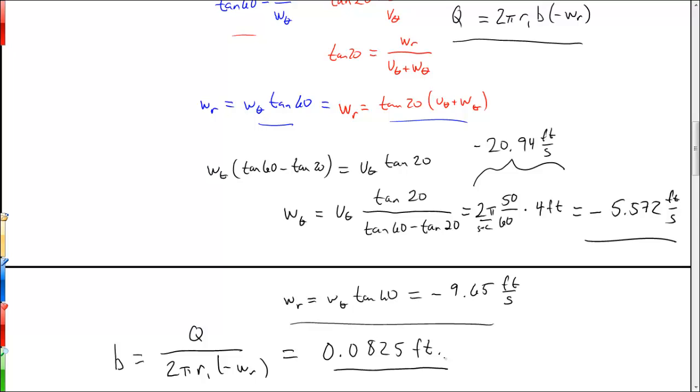This kind of bothers me because if you convert that to inches, that's just about 1 inch, which is pretty thin for our fairly large-sized turbine.